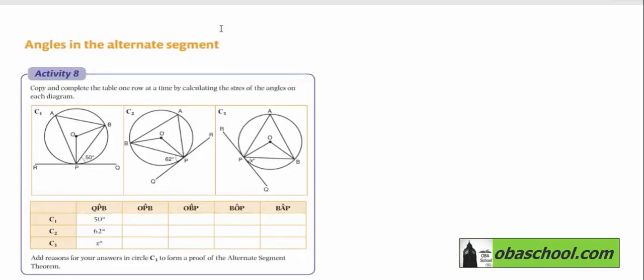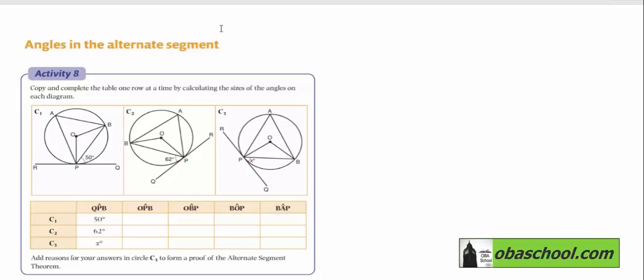Starting off with diagram C1, we already have the angle OPB that we need to find, since QPB is said to be 50 degrees. So, how much would OPB, the angle that is found in the circle, be equivalent to?